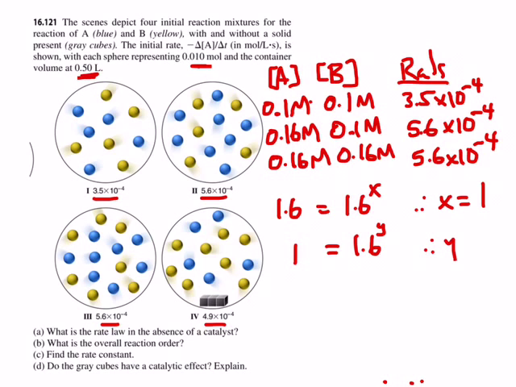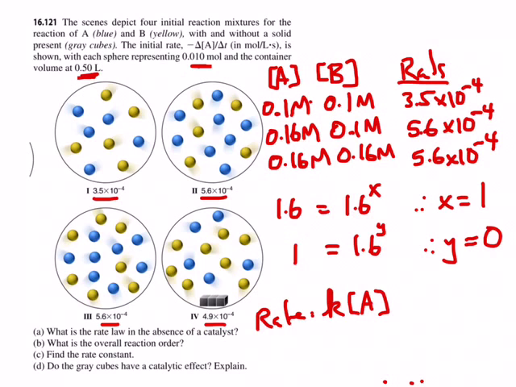Therefore, y, which is the order for B, has to be 0. So the rate law in the absence of the catalyst would be first order in A and zero order in B. What's the overall reaction order? Well, 1 plus 0 is 1.